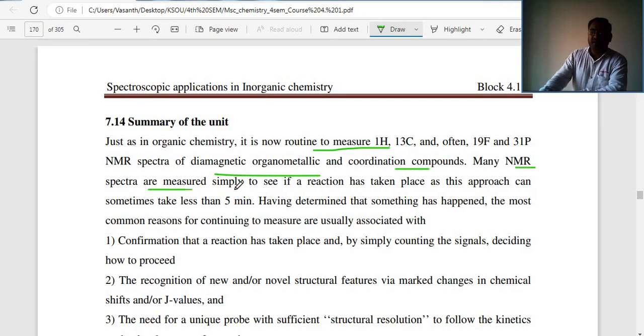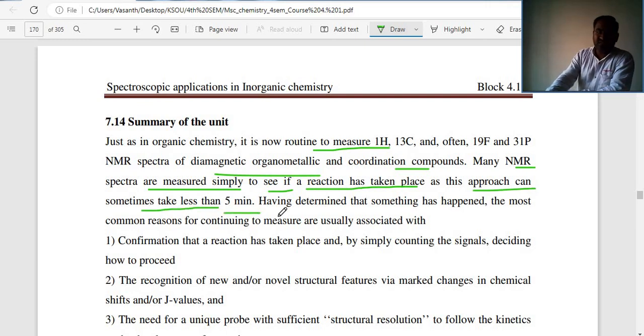Many NMR spectra are measured simply to see if a reaction has taken place, as this approach can sometimes take less than 5 minutes.